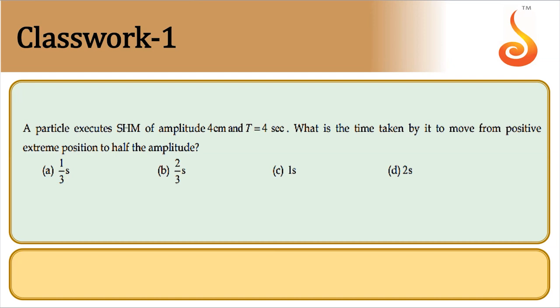A particle executes simple harmonic motion of amplitude 4 centimeter and T is equal to 4 seconds. What is the time taken by it to move from positive extreme position to half the amplitude? So amplitude is given 4 centimeter, time period is 4 seconds.